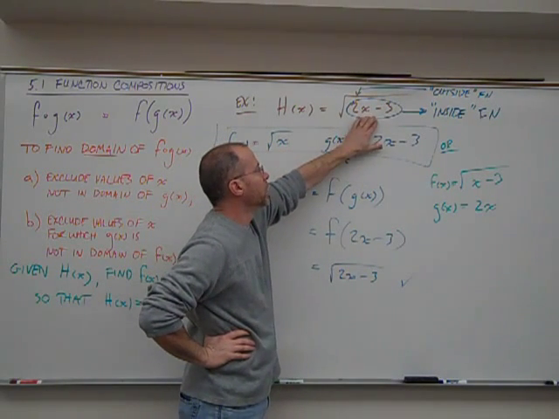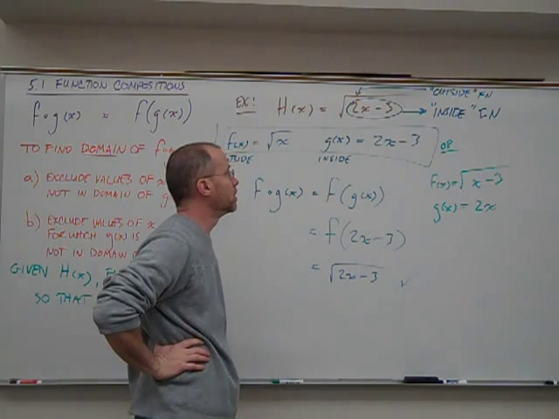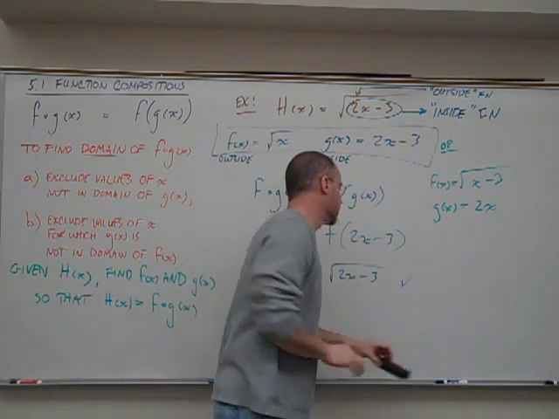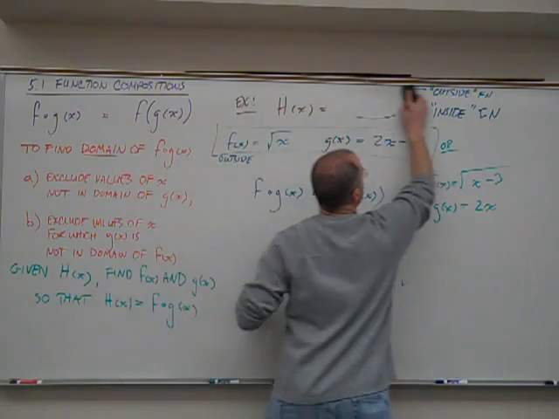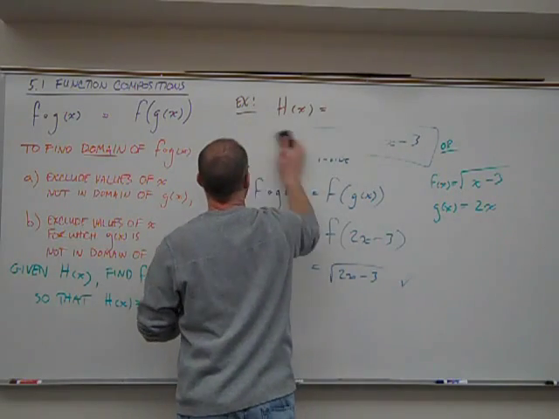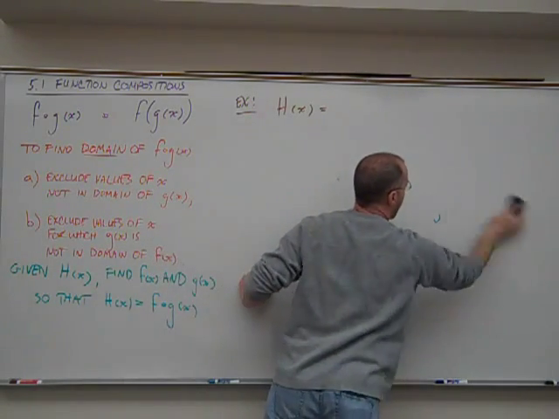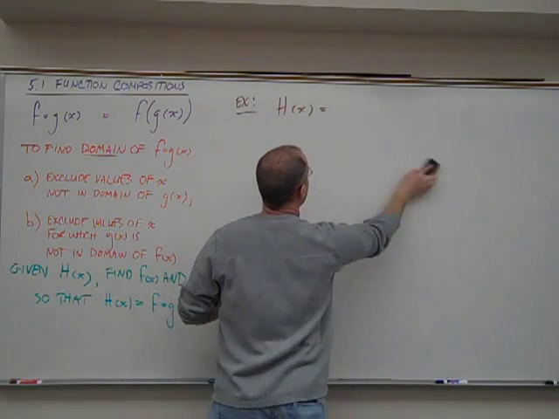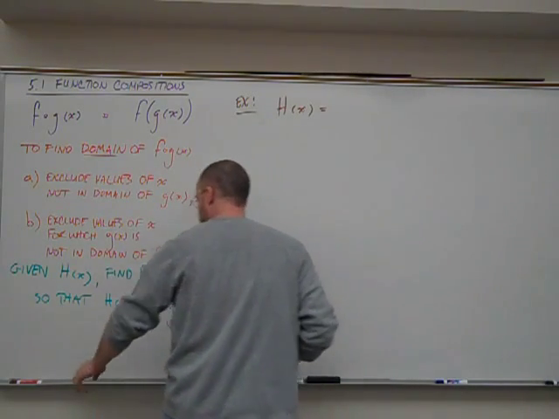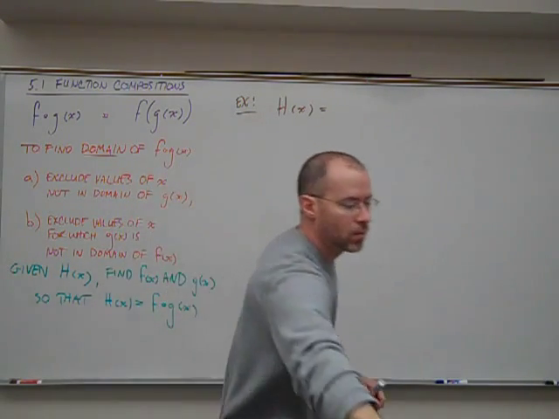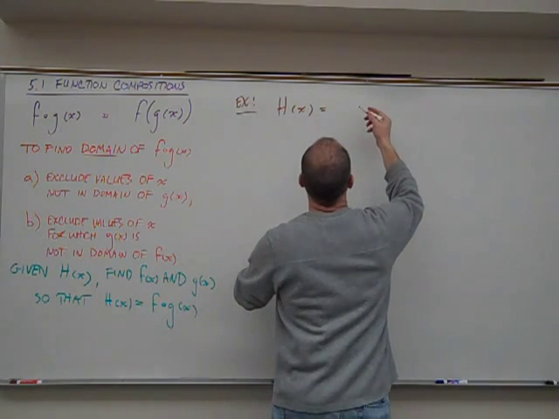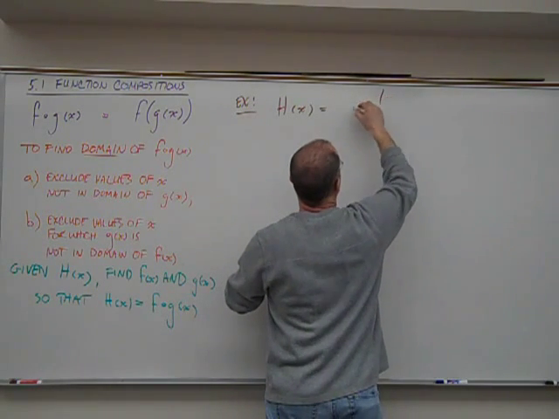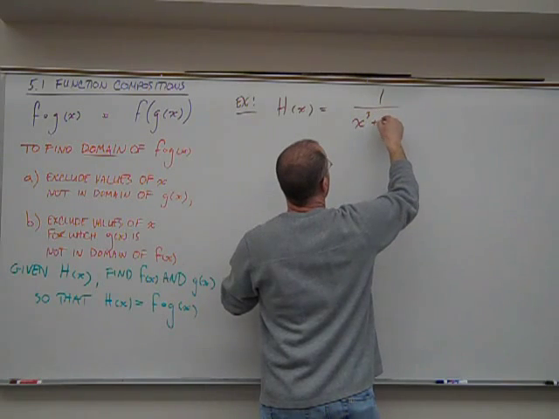But there's oftentimes a kind of a natural solution. I think most people would pick 2x minus 3 as the inside function here. Let me just slap up one more example of an h of x to see if you have this clear in your mind. How about h of x is 1 over x cubed plus 7.